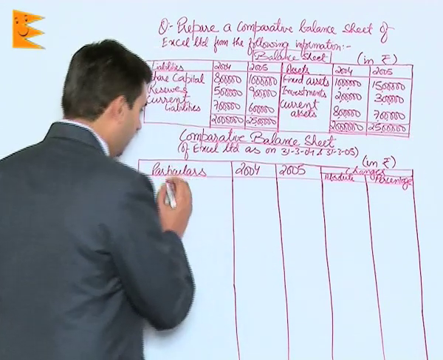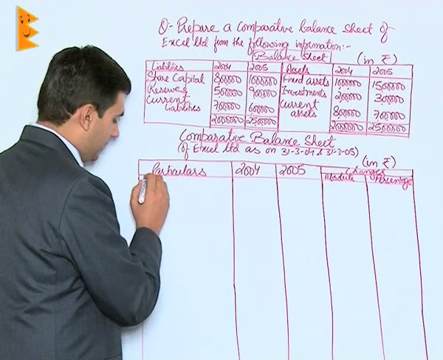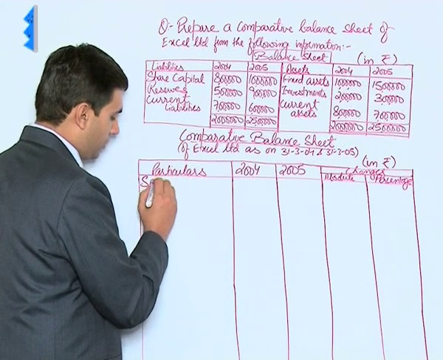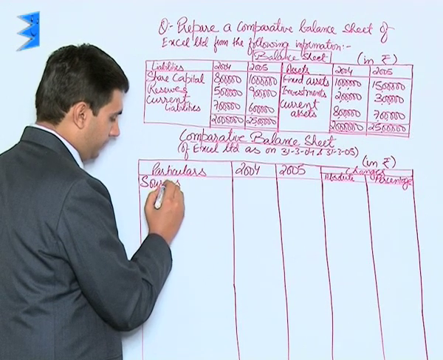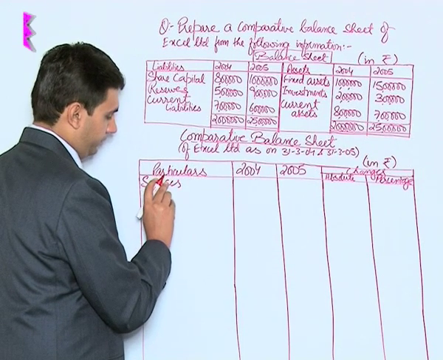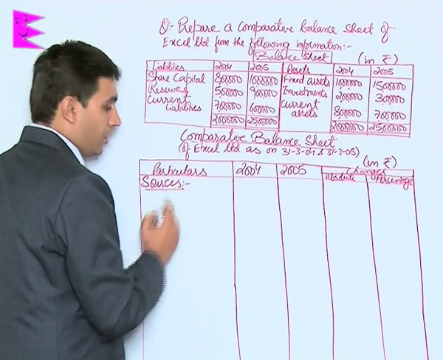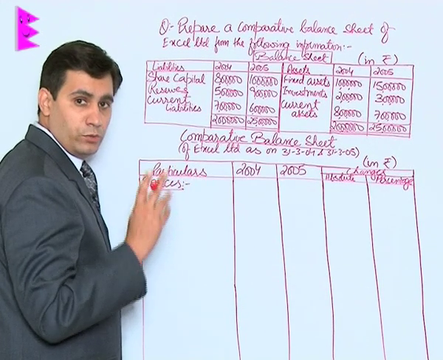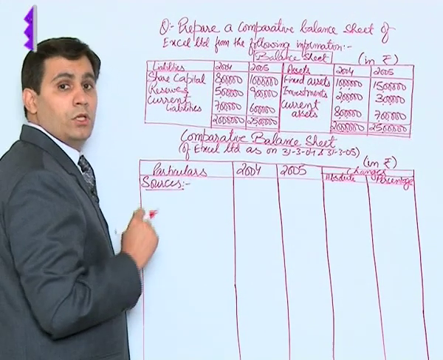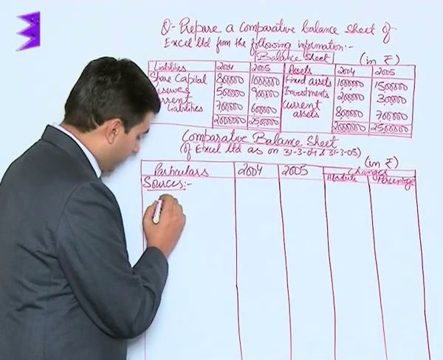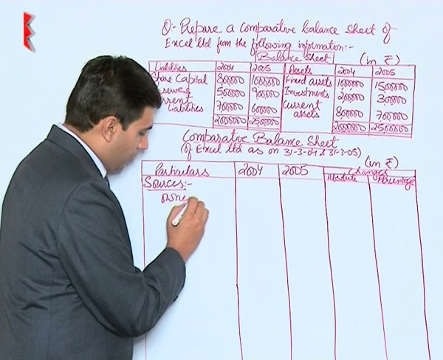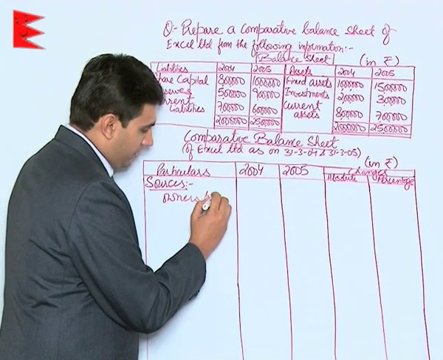Now coming to the calculation part, the first step is to write the sources of funds. So we have sources here. Now students, sources can further be divided into two parts. The first being owners funds and the second one being borrowed funds. So we have owners funds.